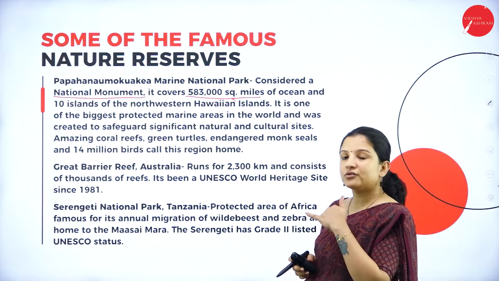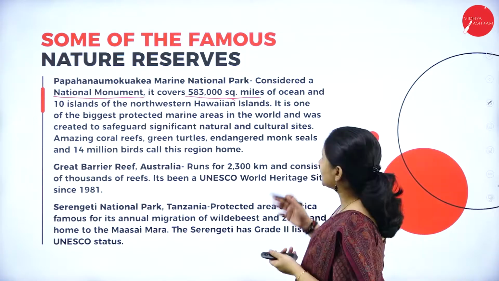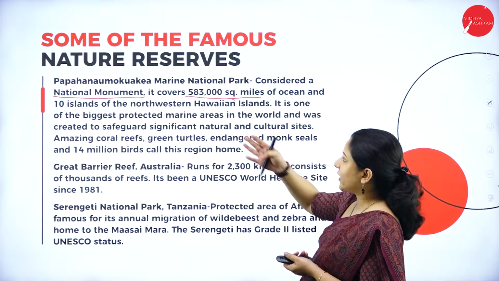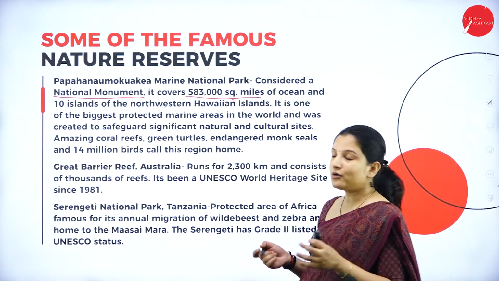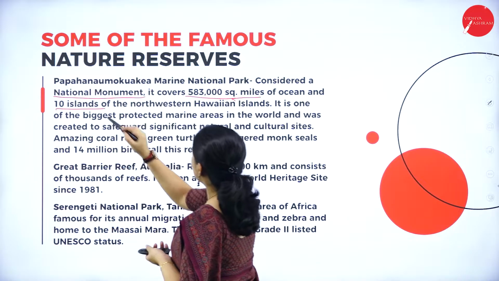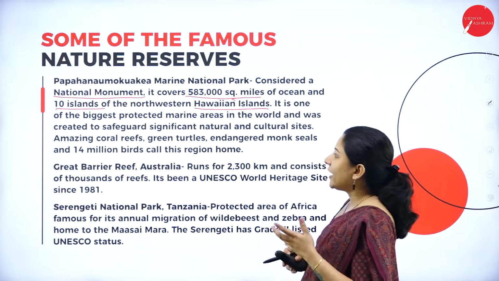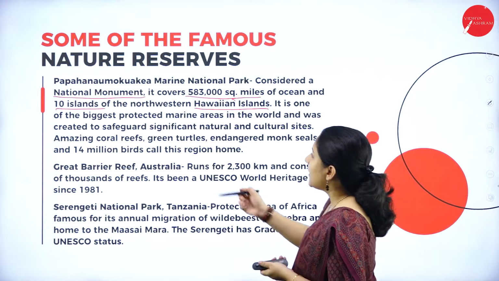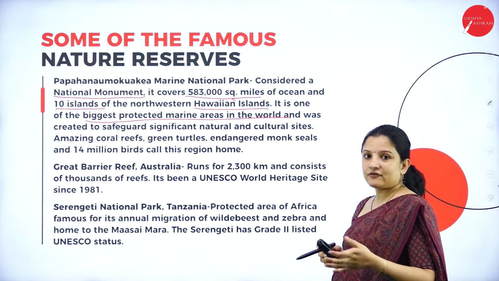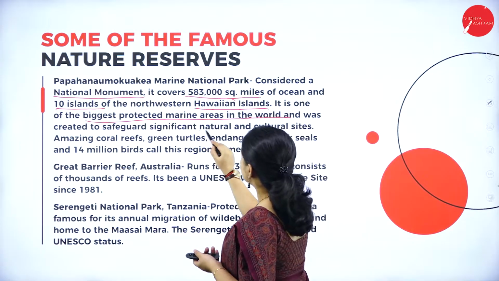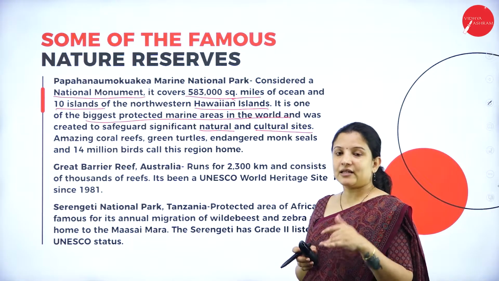It is a marine national park, and in this particular ocean around 10 islands are situated, which we call the Hawaiian Islands. These 10 islands are the biggest protected marine areas in the world, and it was safeguarded especially because of its natural and cultural sites. Here a lot of organisms are there, like coral reefs.